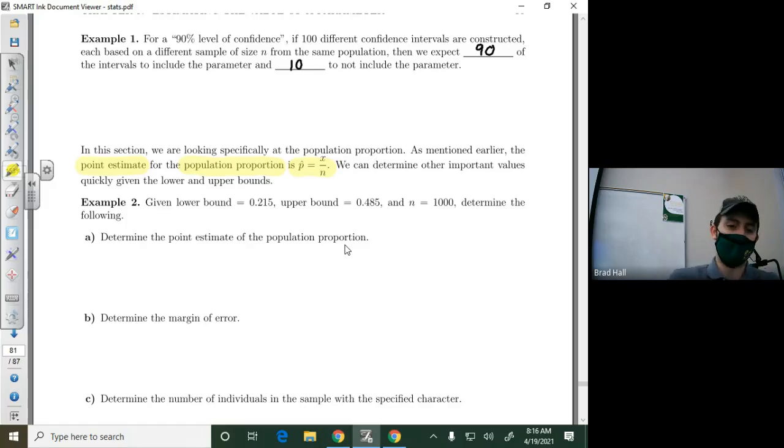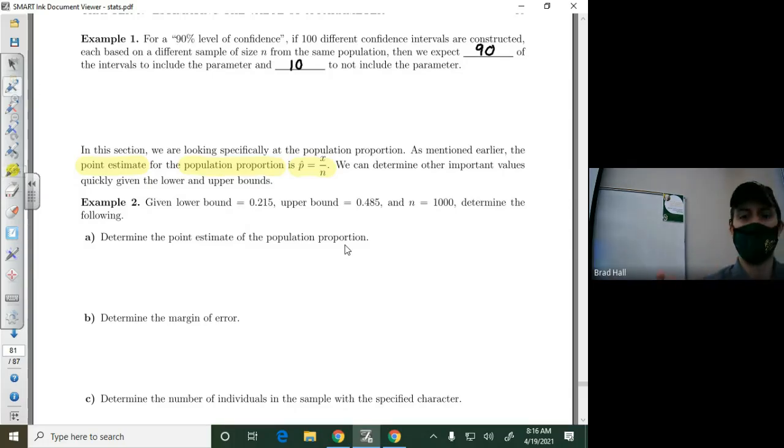Now, in example 2, it starts off by asking for the point estimate. The problem here is they don't give us an X, but they do give us an N. But this is actually okay.